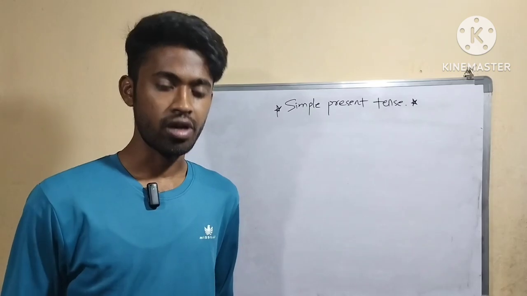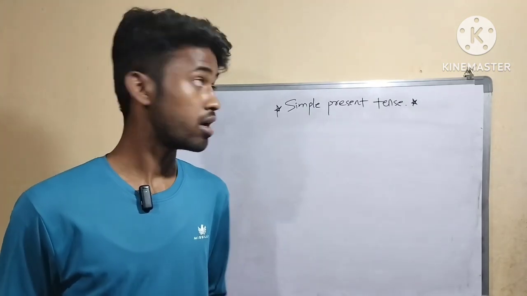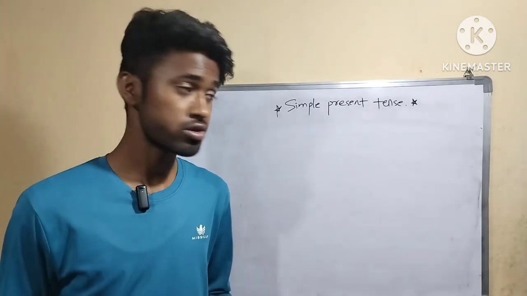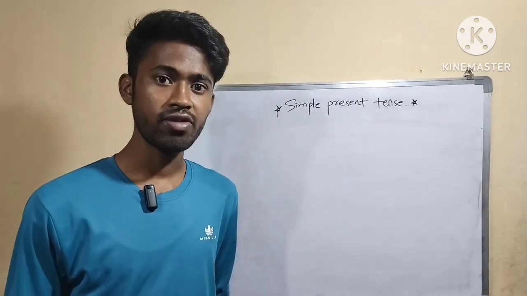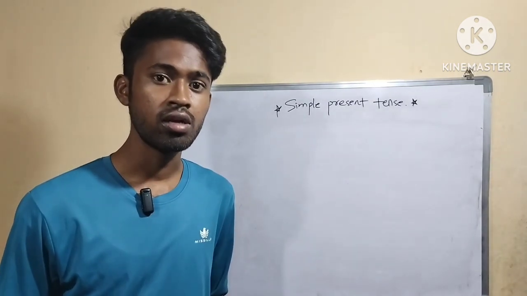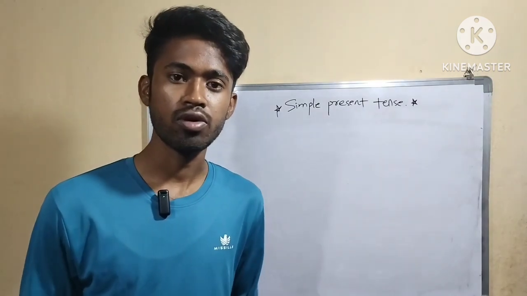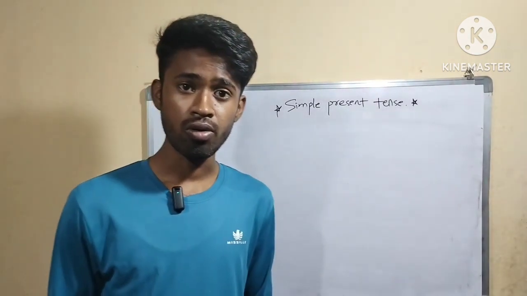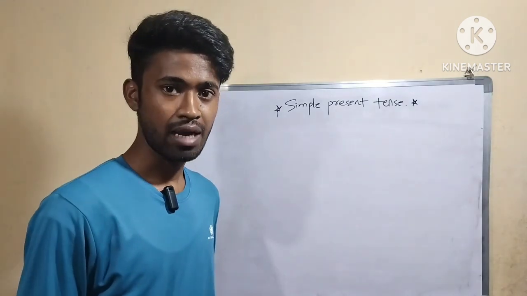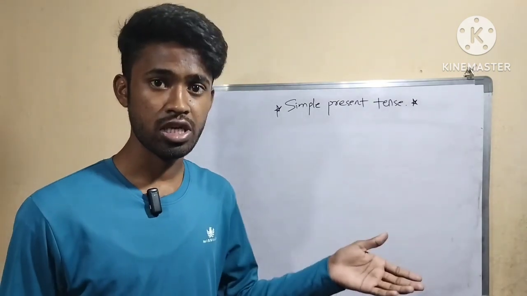So till now you understood positive statements in simple present tense, negative statements in simple present tense, after that we discussed verbal questions, and in the last the WH questions. Now I will take some examples which are positive statements.